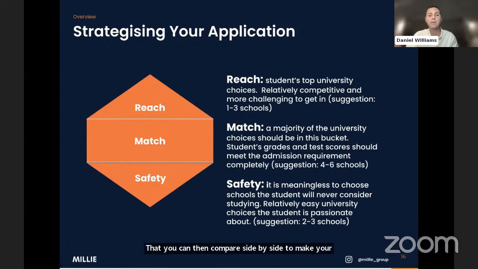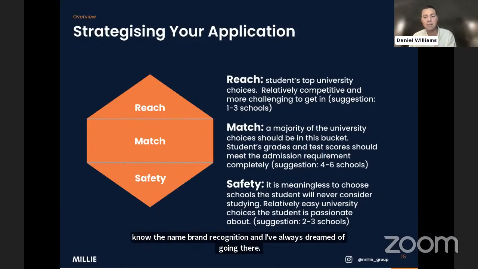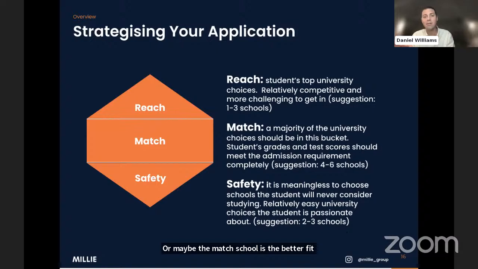So let's say that you apply to a safety school, right? Maybe less competitive, but they give you a big scholarship. Or you get into a reach school, but no scholarship whatsoever. At that point, you can look at your options and say, I think actually the safety school might be the better fit because it's going to put less financial burden on my family. Or the reach school is the better fit because of the name brand recognition, and I've always dreamed of going there. Or maybe the match school is the better fit because it kind of toes the line with both of them.